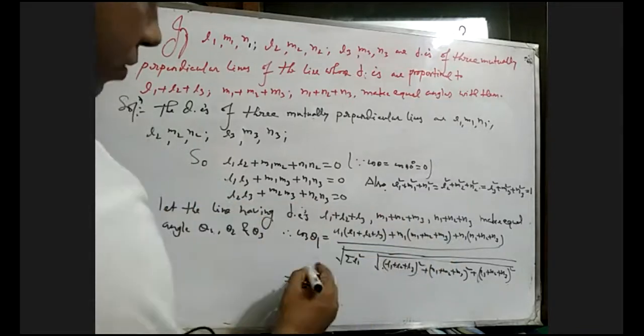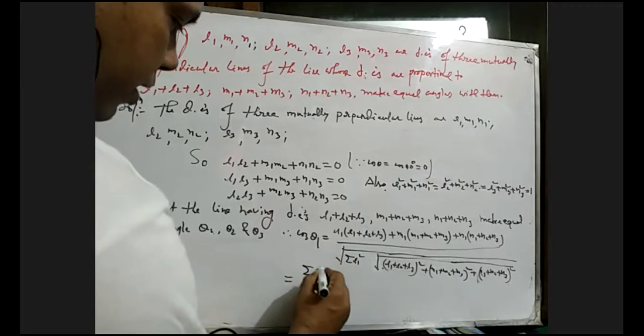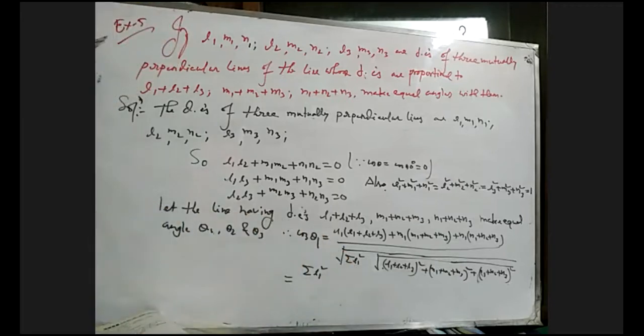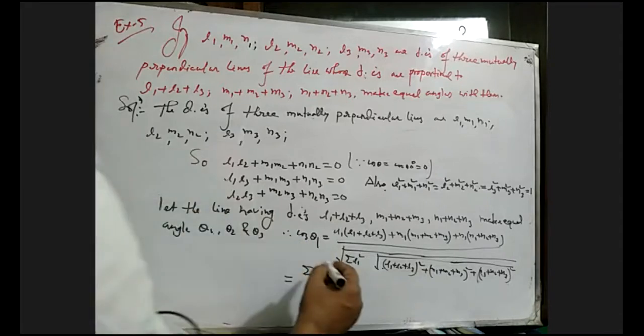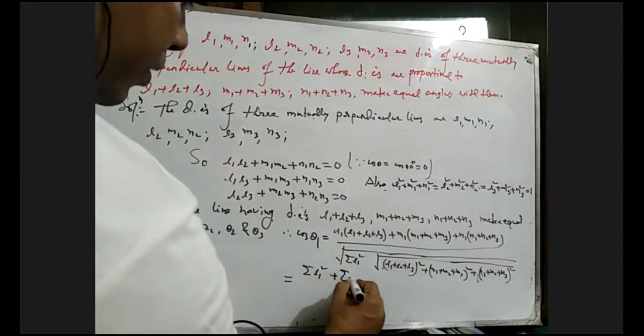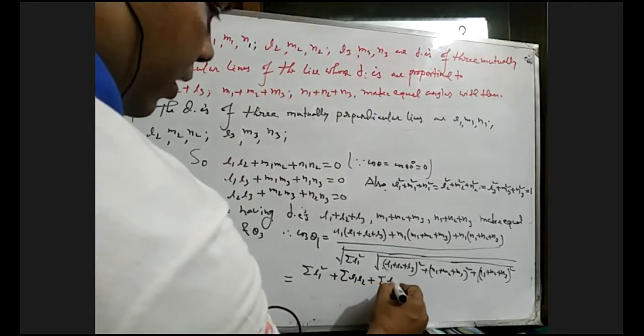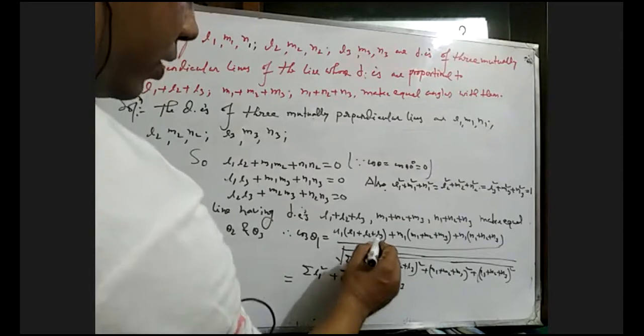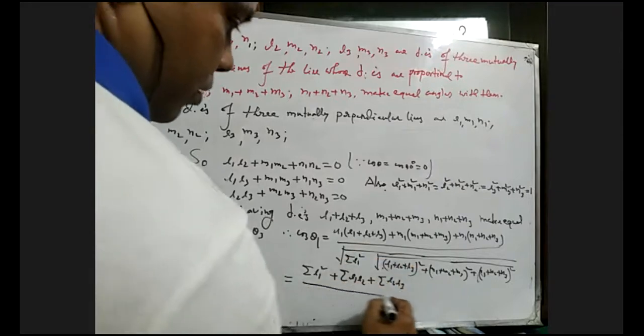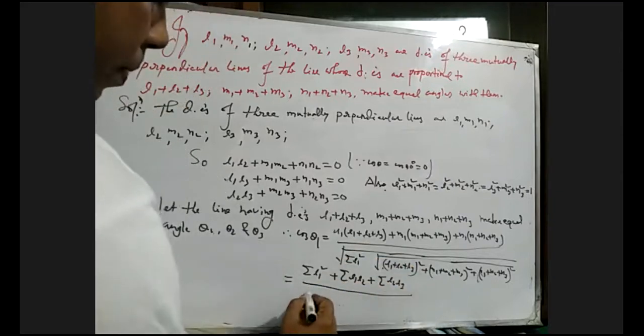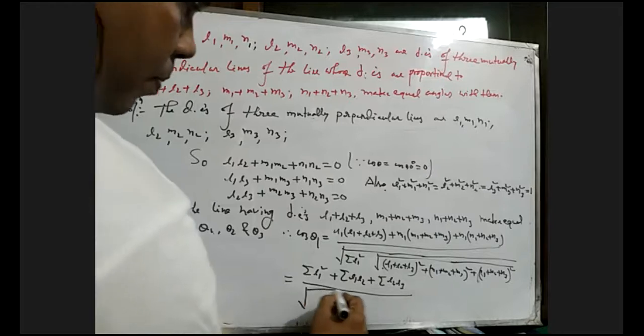That means for the first one we can write summation L1 square, right? Then plus summation L1 L2 plus summation L2 L3. Okay, L2 L3, we get this one.